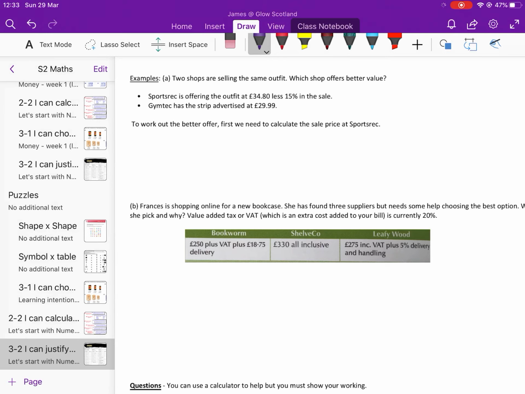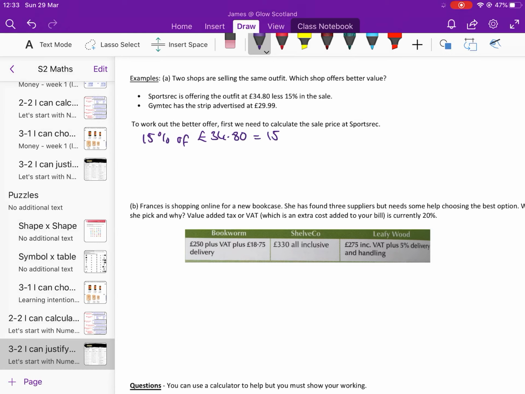Sportsrec is offering the outfit at £34.80, less 15% in the sale, and Gymtech has the strip advertised at £29.99. To work out the better offer, we need to calculate the sale price at Sportsrec. So what I need to do is get 15% of the cost at £34.80.